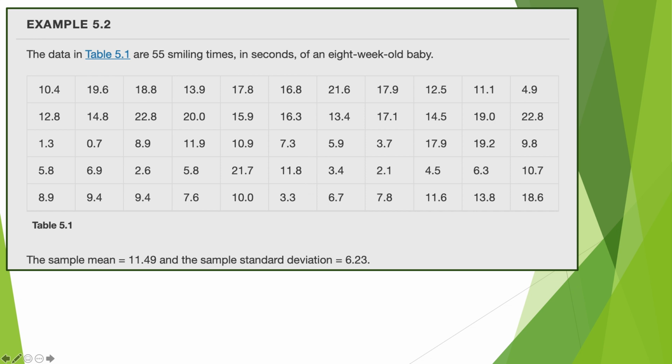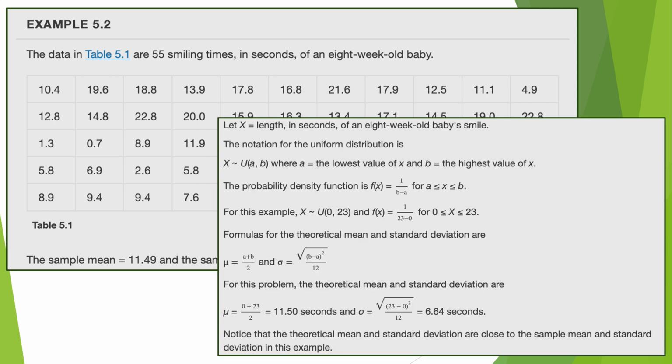That way we have a beginning and an ending point for our rectangle, okay? It doesn't make any sense to have a 0 as a beginning point because in each case, we didn't do anything until the baby smiled and then we measured the length of time that the baby smiled for. So like on the other ones, we always started with 0. That's not the case now.